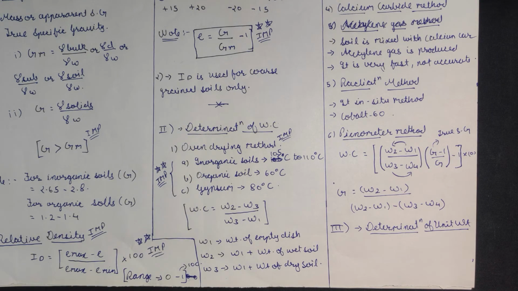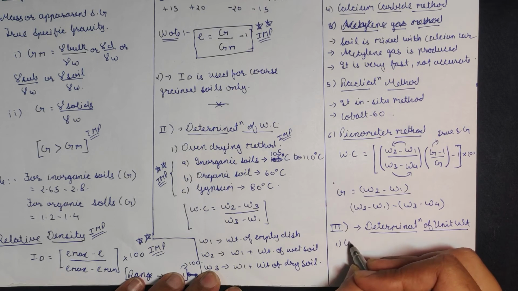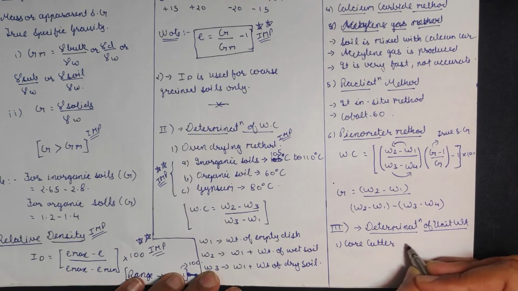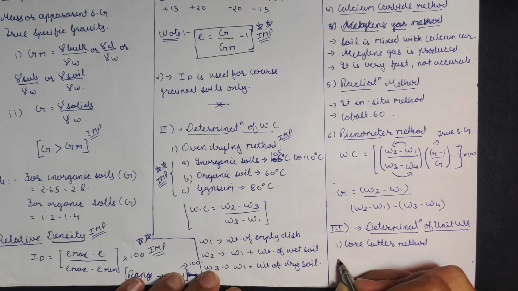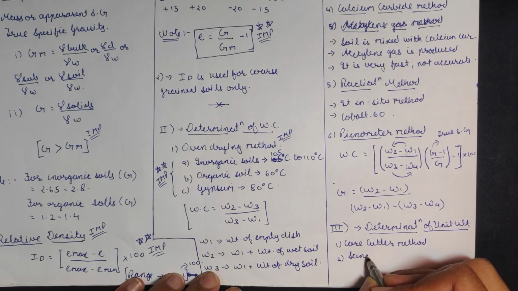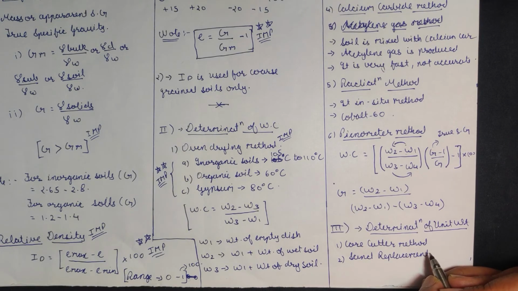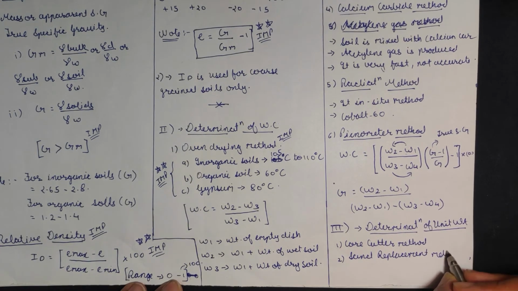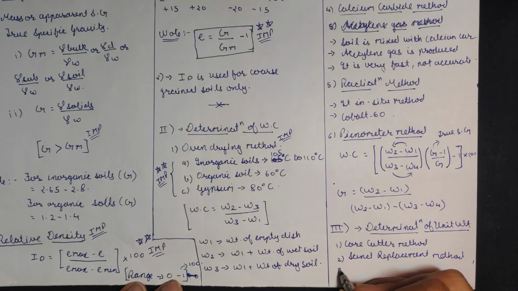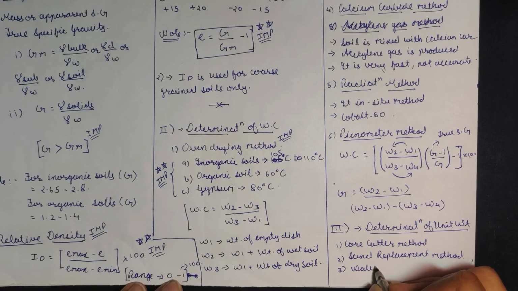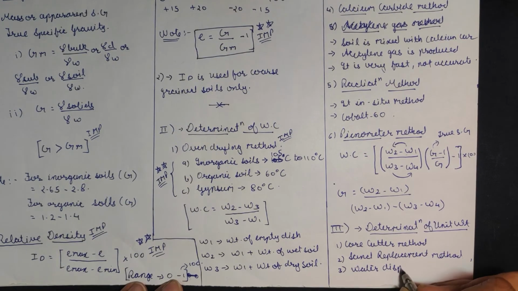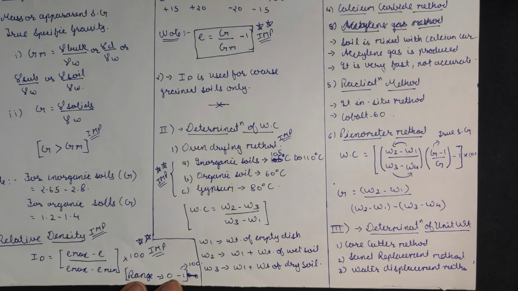So the different methods which can be used to determine the unit weight of the soils are: core cutter method, second is sand replacement method, third is water displacement method, and the last one is rubber balloon method.